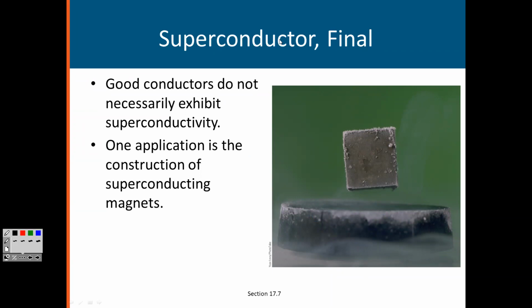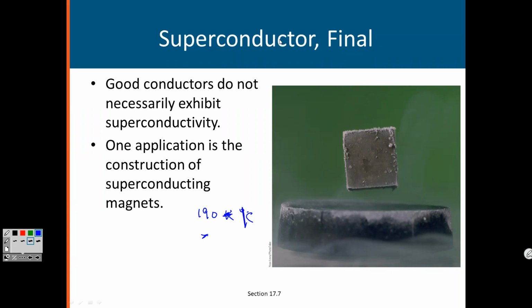Here, there is one interesting phenomenon demonstrated with superconductors. What we have down here is a superconductor in liquid nitrogen, because the critical temperature is very low. Liquid nitrogen has a temperature of 190 Kelvin, that is minus 190 degrees.